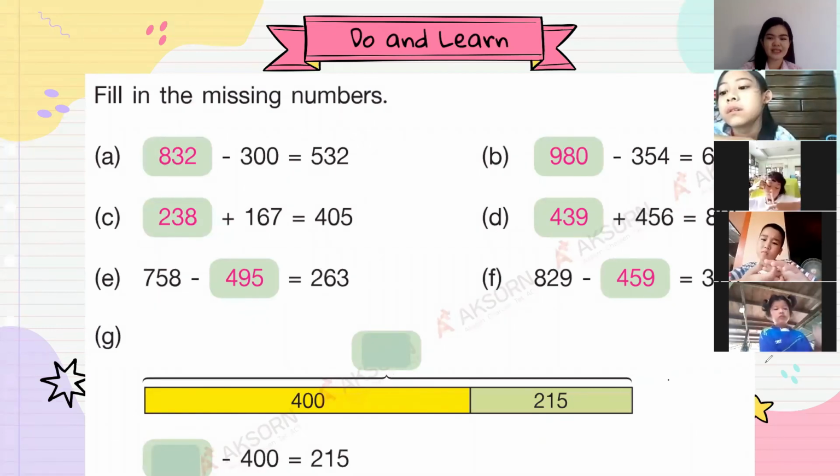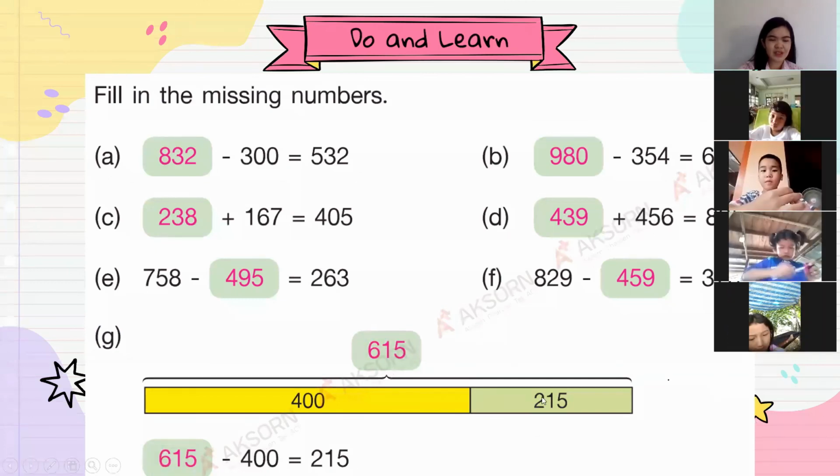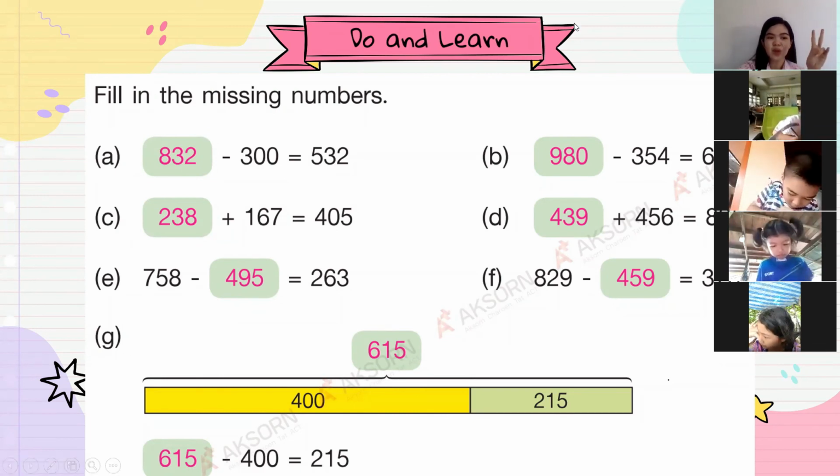Okay, so the last example. So we're going to minus, or we're going to add, sorry. So we're going to add 400 to 215. So 400 plus 215 is equal to 615.